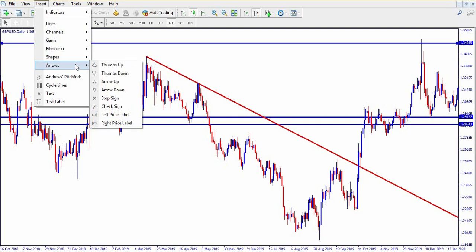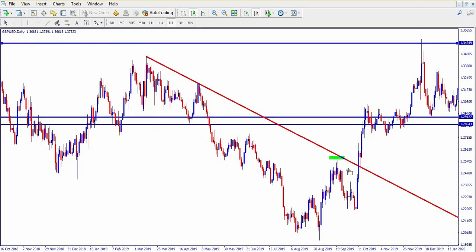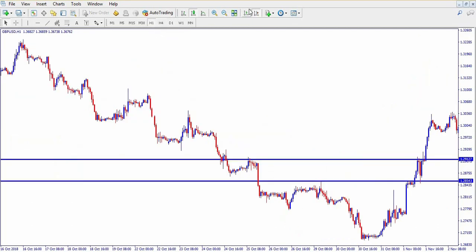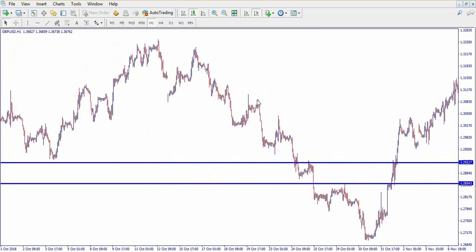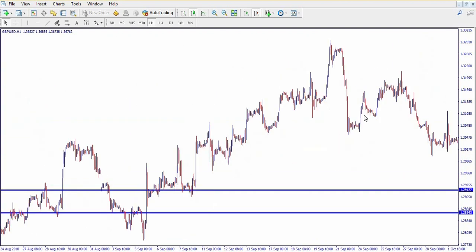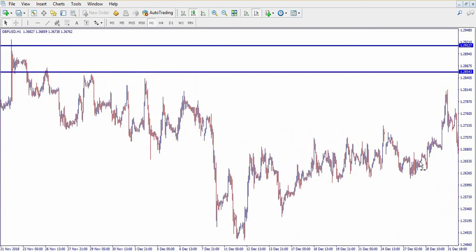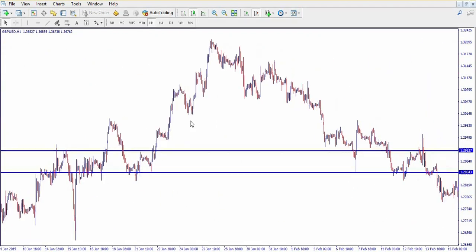Like I said in the previous one, after highlighting, go to your lower time frame. That's September. Let's see what we have there. Go to your lower time frame and look for entry opportunities.